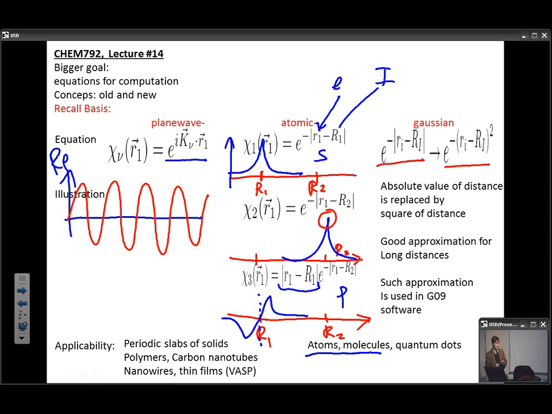These functions are not equal to each other formally, but at far distances from ions, they decay in a similar way. And using a set of Gaussian orbitals instead of atomic hydrogen orbitals gives a substantial improvement in algorithmic way. So the program is called Gaussian because it does use these functions instead of this one. It doesn't use precise atomic orbitals.